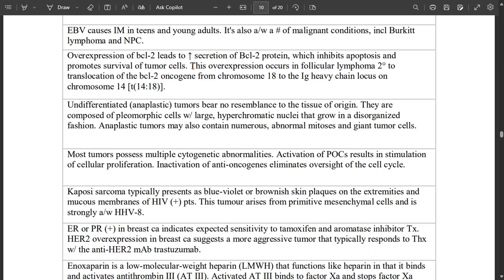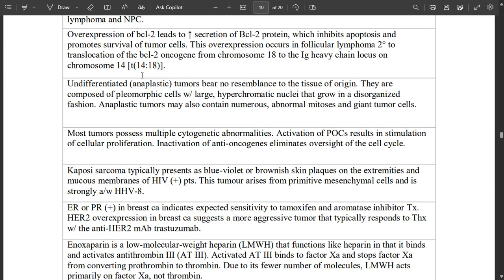This overexpression occurs in follicular lymphoma, where there is a 14-18 translocation, with translocation of the BCL2 oncogene from chromosome 18 to the IgH heavy chain locus on chromosome 14. So the 18-14 translocation occurs, but it is written 14-18. BCL2 is anti-apoptotic, so it evades apoptosis.